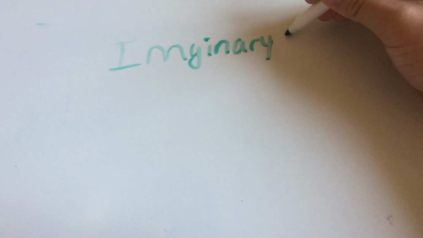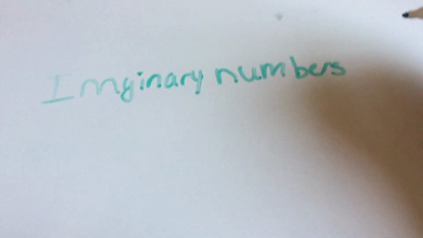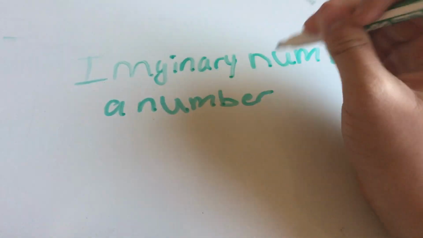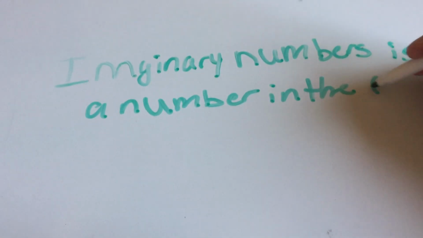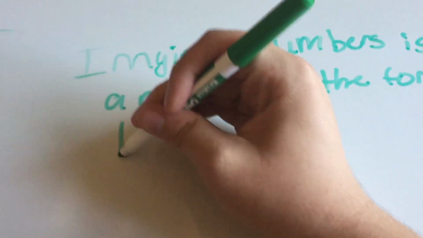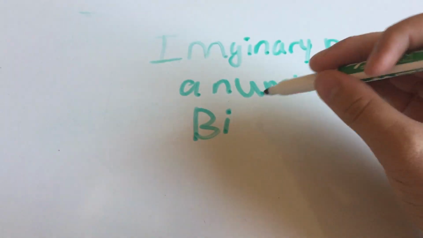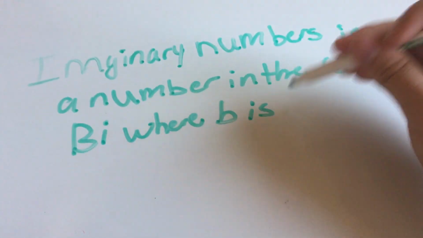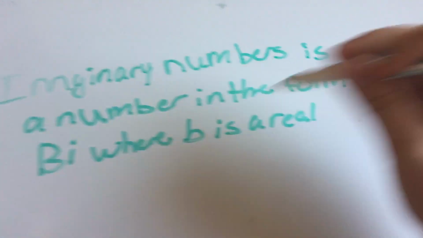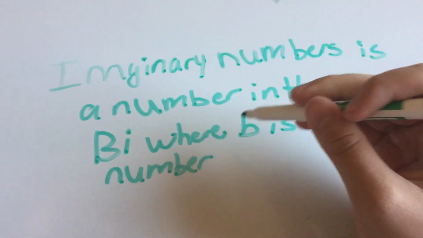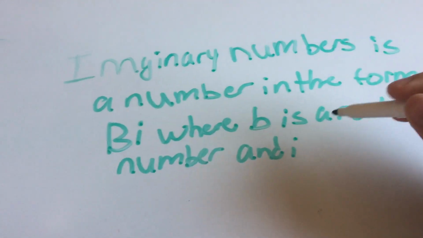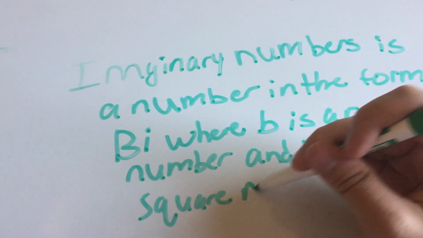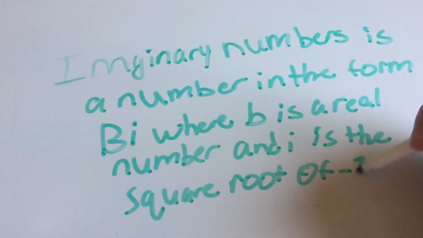Imaginary numbers are numbers in the form bi, where b is a real number and i is the square root of -1.